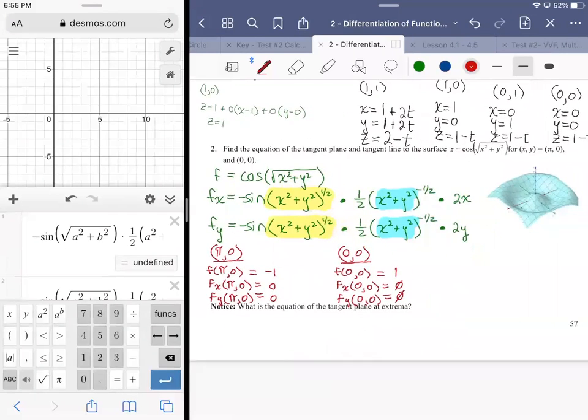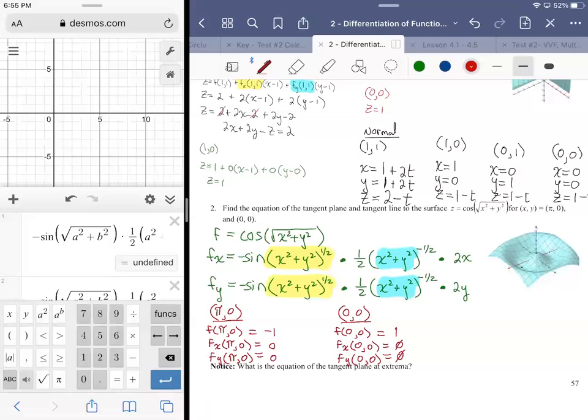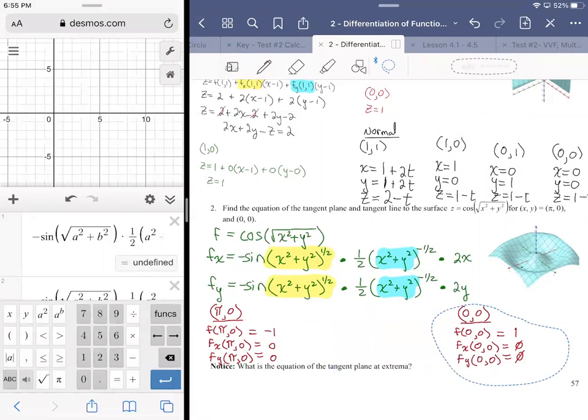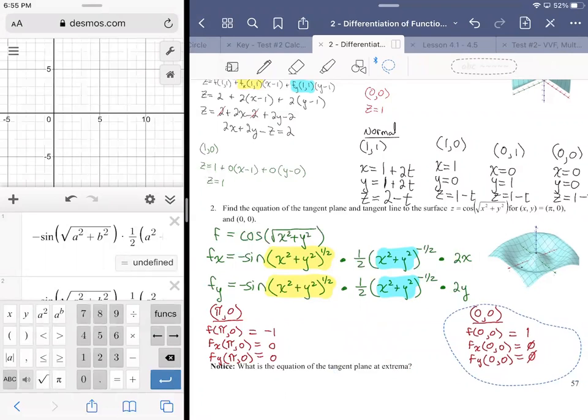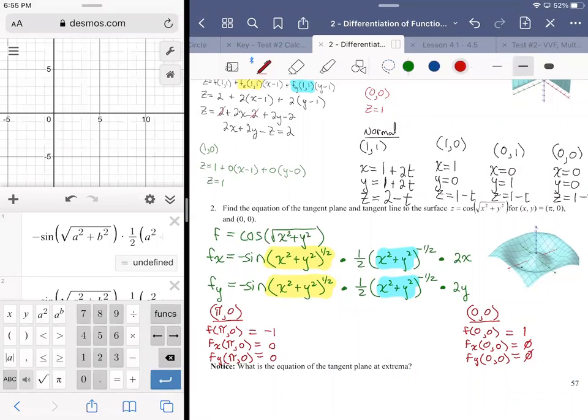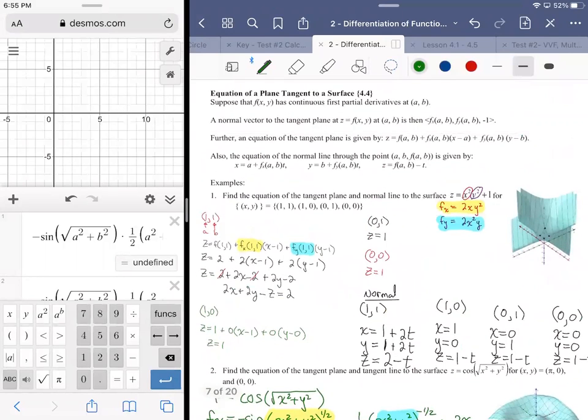All right, so it's asking us to create the equation of a tangent line and tangent plane. Let me create some more room here. We can focus on the point pi, 0. So we know that z is going to be equal to -1 plus, well, you just follow the model.